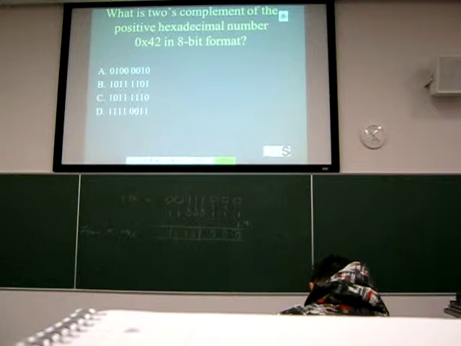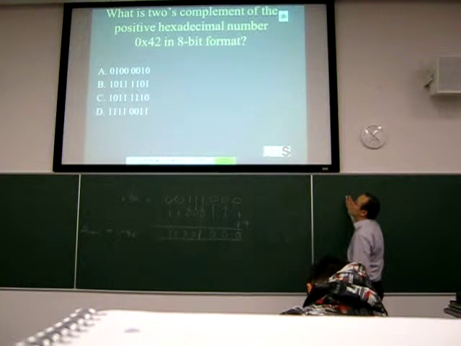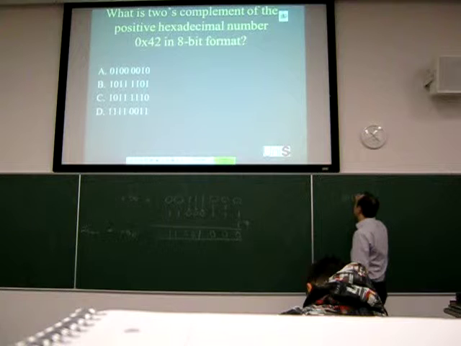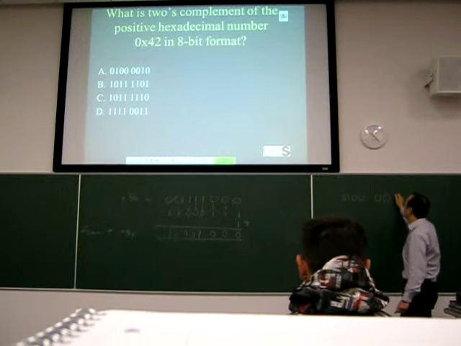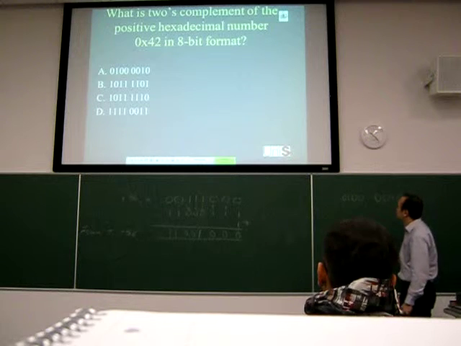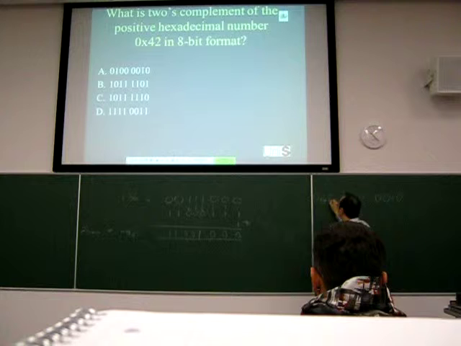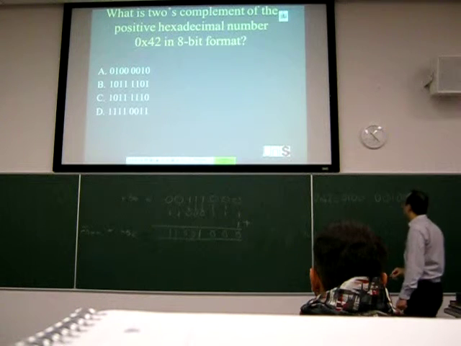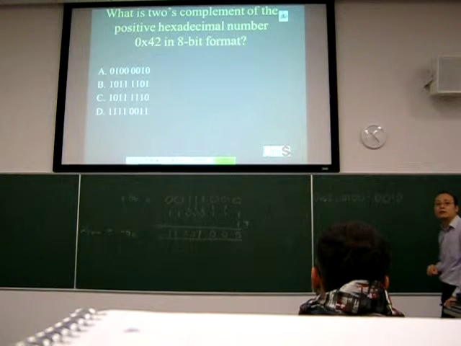So 42 in binary is 0, 1, 2, I think. Is that correct? 42 in binary?